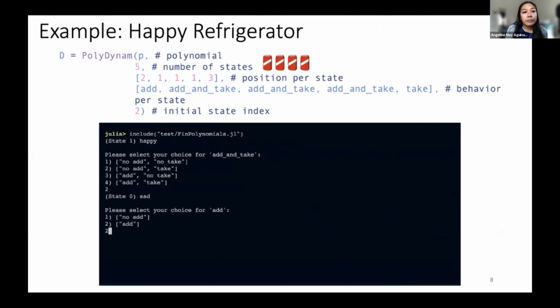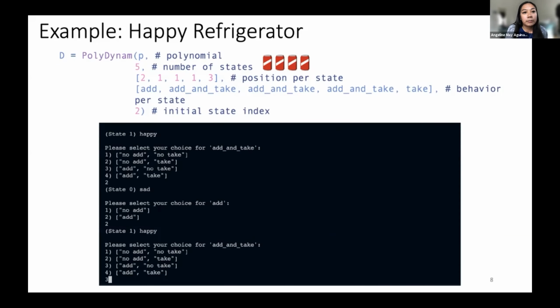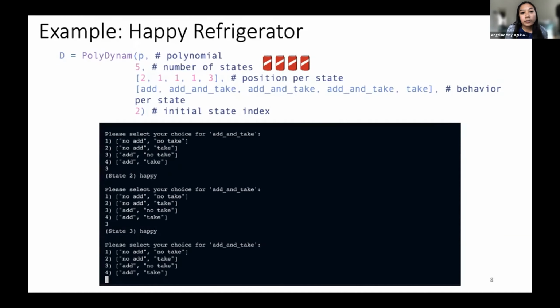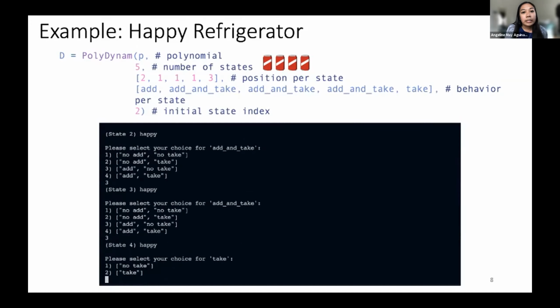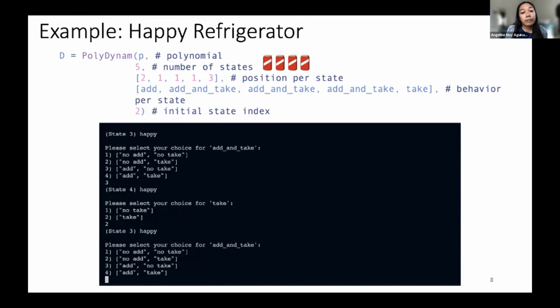So moving on to the next slide, you can see in the case of our happy refrigerator example, we've encoded our polynomial dynamical system with the polynomial functor that we described. The capacity of the refrigerator is 4 drinks, so the number of states is 5, including a state in which there are no drinks. And then we described at every state the mode that particular state is in and the available behaviors, and also provided an initial state.